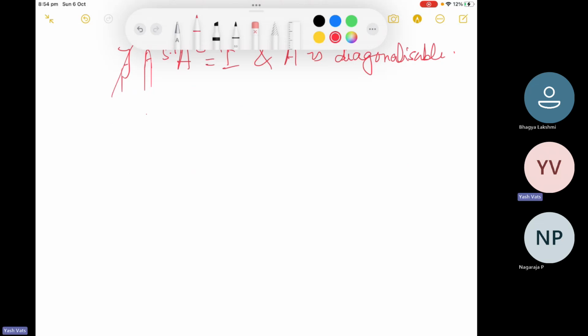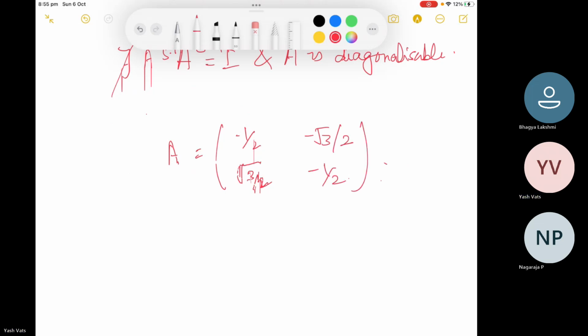So you can take this matrix also: minus 1 by 2 and root 3 by 2, and minus root 3 by 2 and minus 1 by 2. So in that case, I think this is also non-diagonalizable.